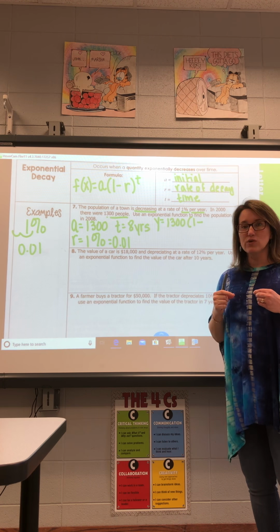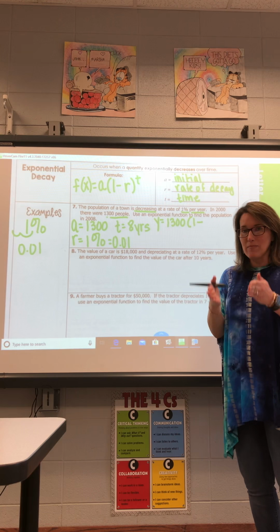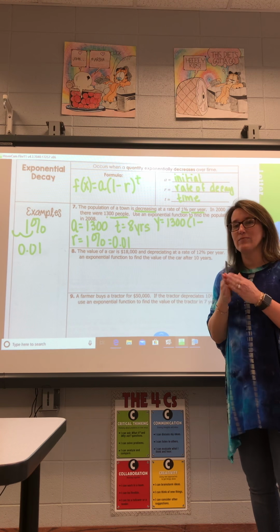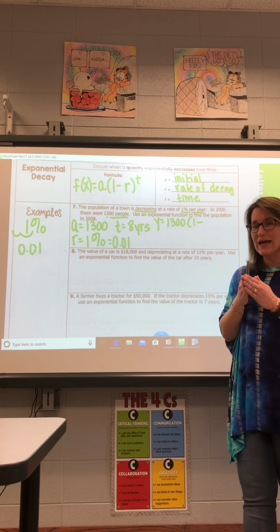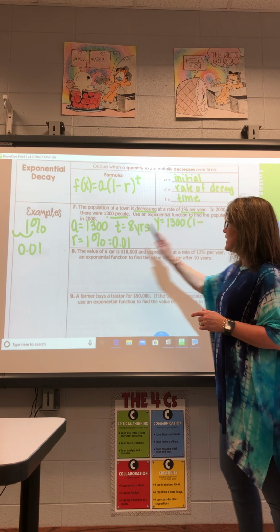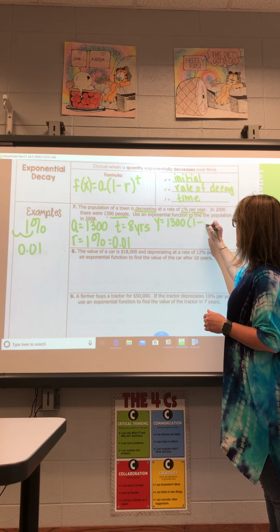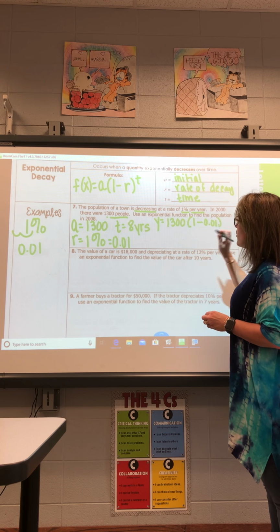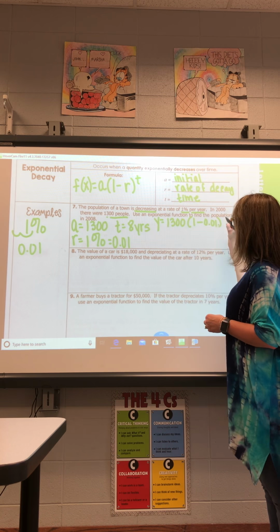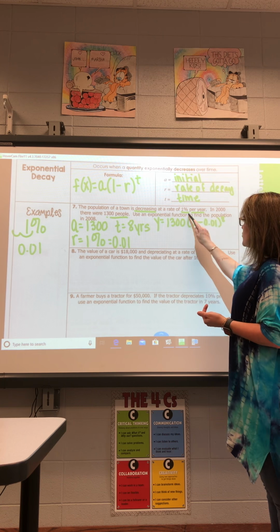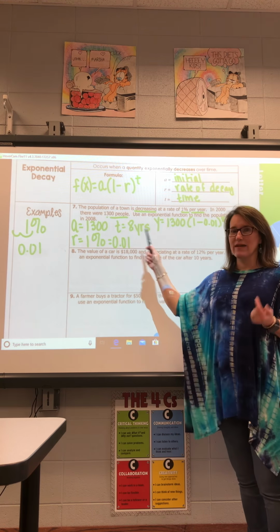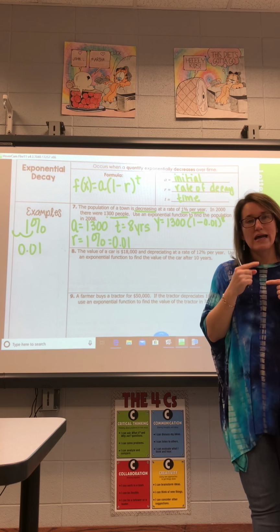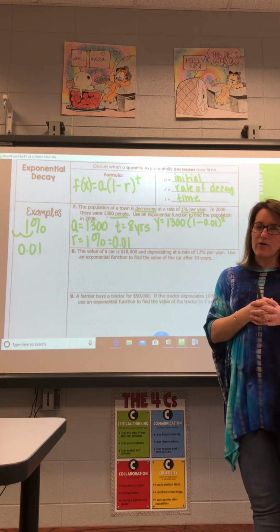Make sure when you're doing decay, you do 1 minus your rate, because B has got to be in between 0 and 1 when you're talking about decay. So 1 minus your rate as a decimal, and then we'll raise it up to our years, which is 8 years. And notice we're talking about 1% per year, and we have a time of 8 years. Both of them match in years, so we're in great shape.